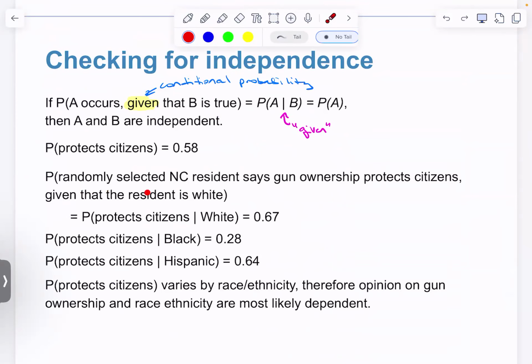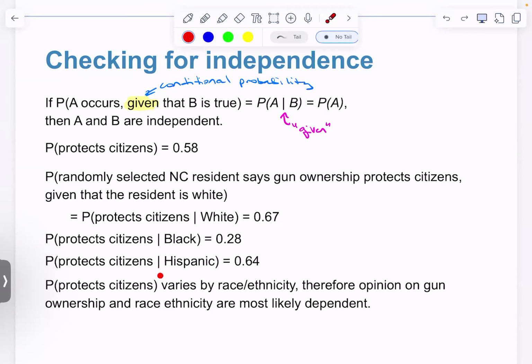The probability that a randomly selected North Carolina resident says gun ownership protects citizens given that the resident is white. So knowing that they're white, that impacts the probability of how they feel about gun ownership. So the shorthand is the probability that they think it protects citizens given that they're white, which we were told was 0.67.